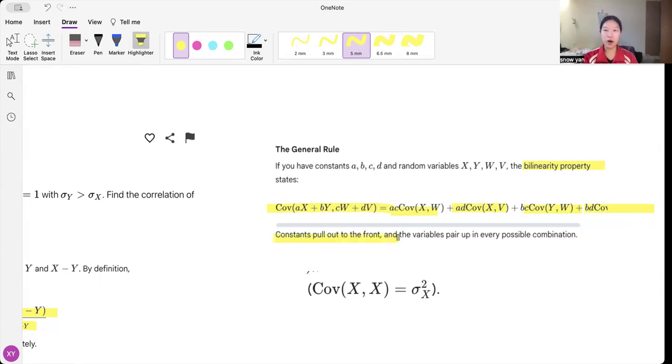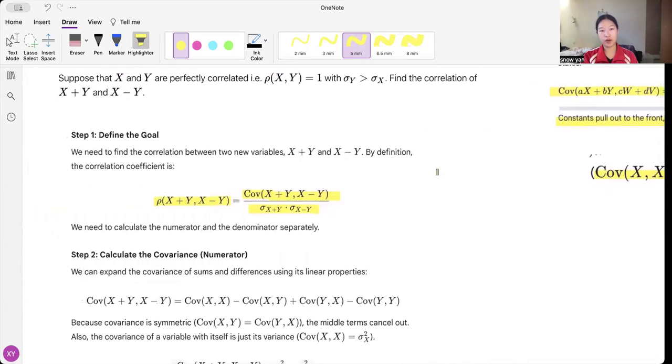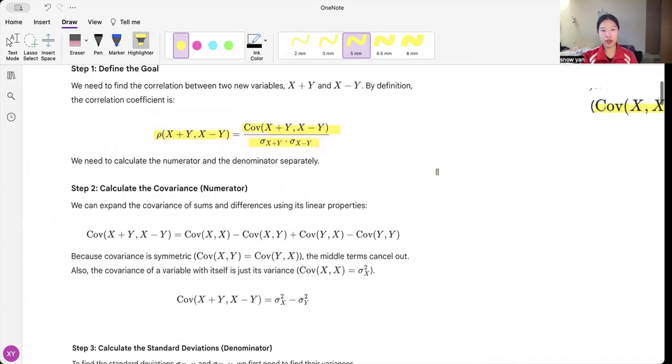The constants get pulled out to the front, and the variables pair up in every possible combination. Also, the covariance of X with itself is equal to sigma X squared. That's pretty straightforward. We're going to start the calculation.